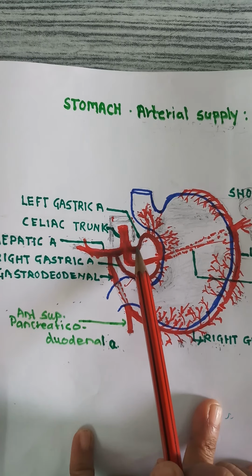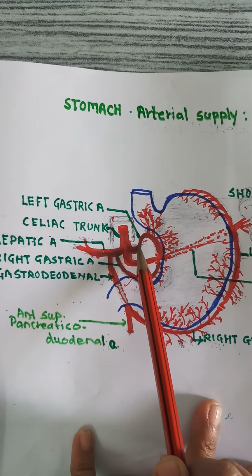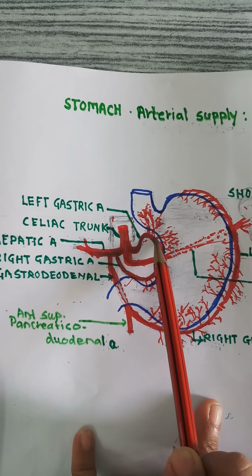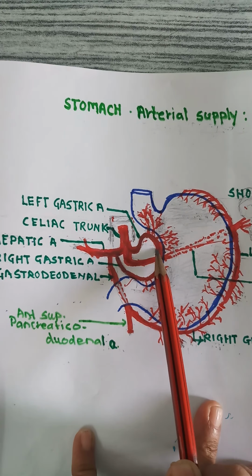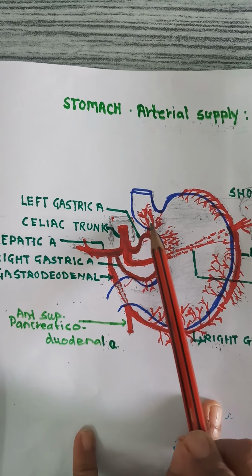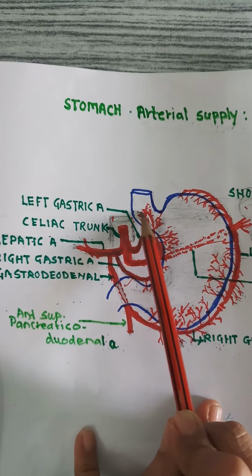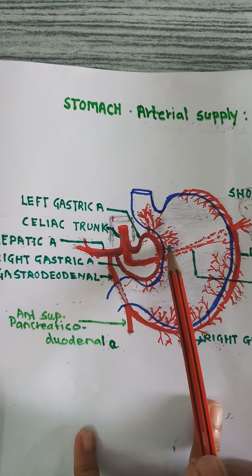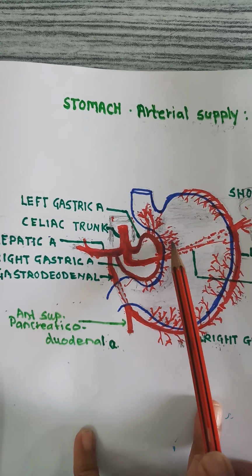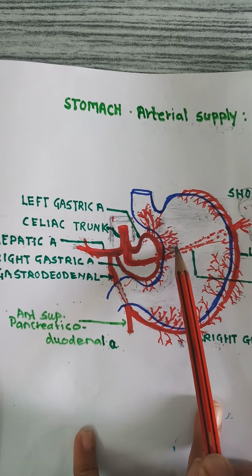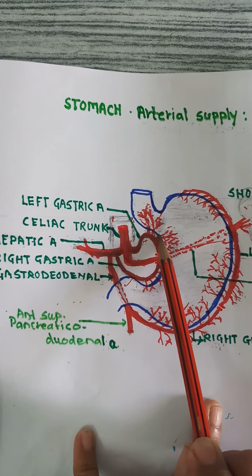This left gastric artery first ascends, then descends along the lesser curvature, and it gives branches to the lower part of the esophagus, the cardia, and the anterior and posterior surfaces of the stomach near the upper part of the lesser curvature.